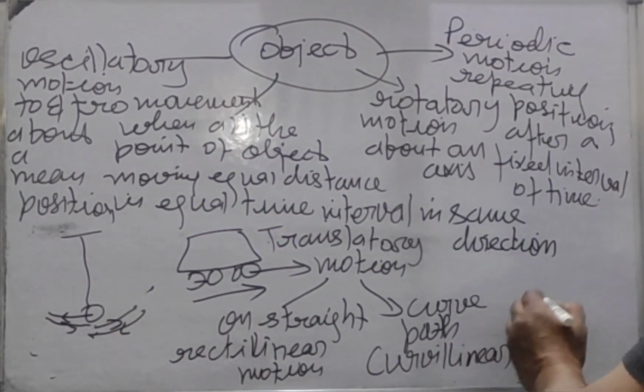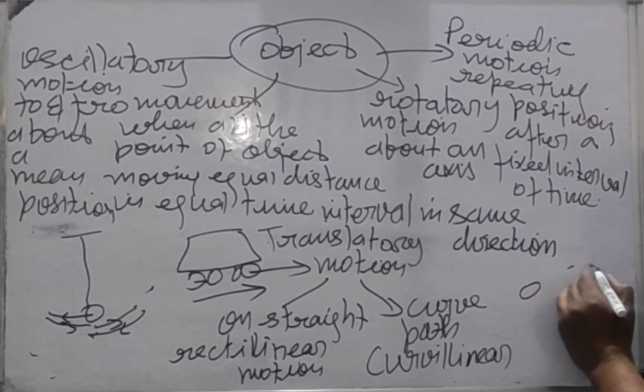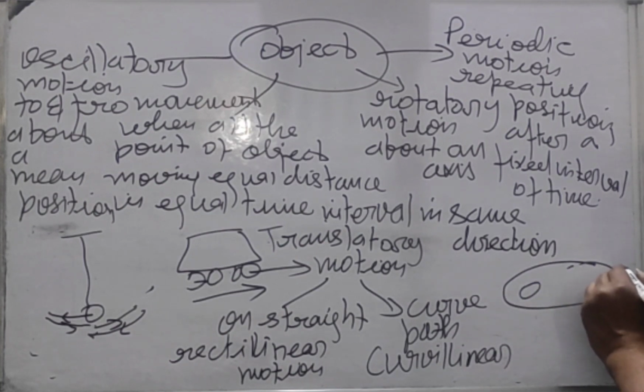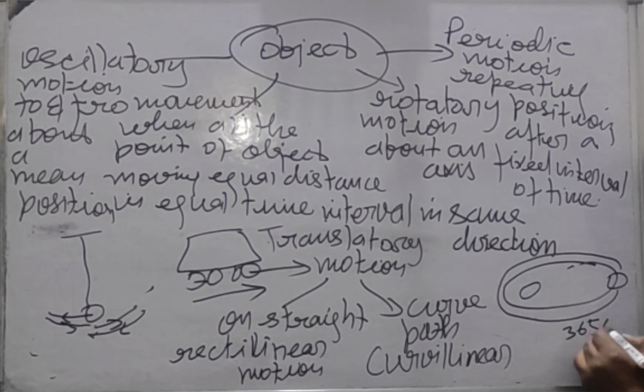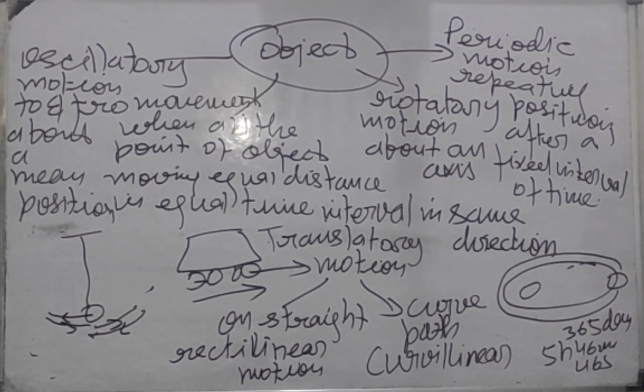Earth rotates, you know, this is sun, this is Earth. Earth takes 365 days, 5 hours, 46 minutes and 46 seconds to complete one rotation. It reaches its initial position. So this is periodic motion.